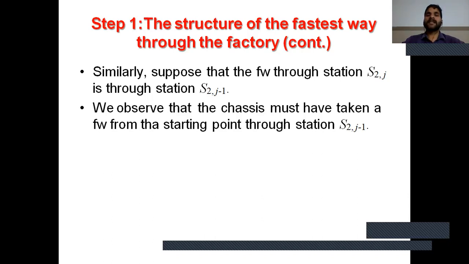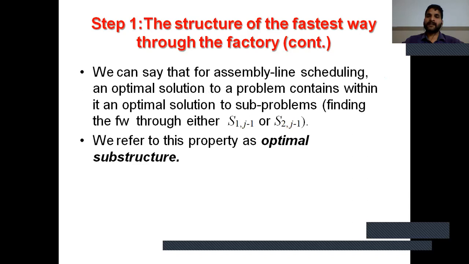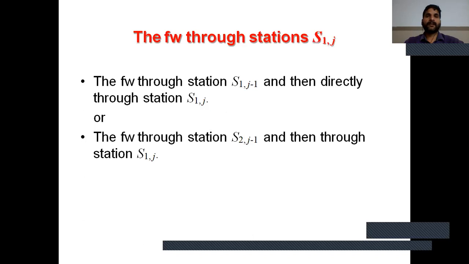We observe that the chassis must have taken the fastest way from the starting point through station S2,j minus 1. Now we can say that in assembly line scheduling an optimal solution to the problem contains an optimal solution to a subproblem, finding the fastest way through either S1,j minus 1 or S2,j minus 1. We refer to this as the property of optimal substructure.